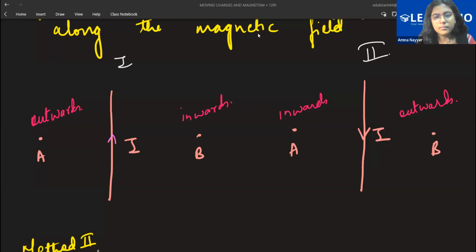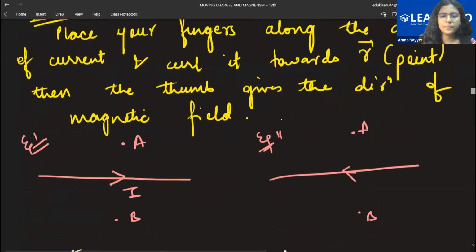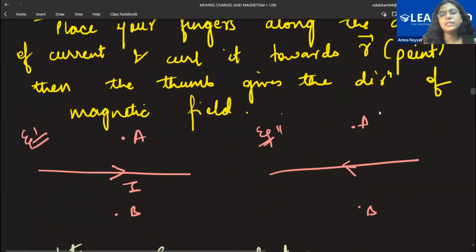Yes, ma'am. Okay, method 2 also let us discuss. In this, we put all the fingers along the direction of current, and this is the method which I prefer. You can use any method; both are preferable. Like for A part, I'll show you.